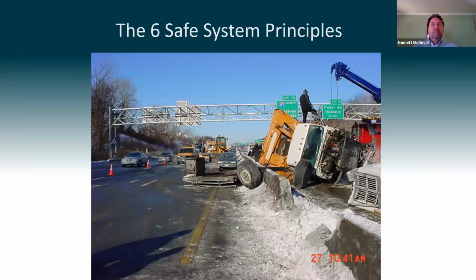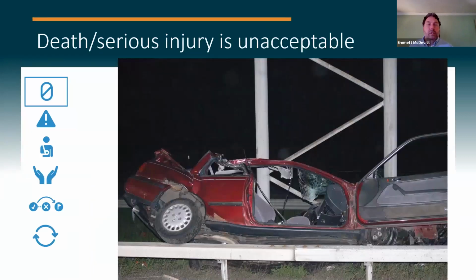So the 6 principles are that death and serious injury is unacceptable. While no crash is desirable, the safe system approach prioritizes crashes based on serious injuries and fatalities. The goal is to modify how users of our system, whether it be pedestrians or motorists, the vehicle technology, the infrastructure, even the emergency response and enforcement can reduce the likelihood of a fatality, and if a crash does occur, to reduce the severity of it.